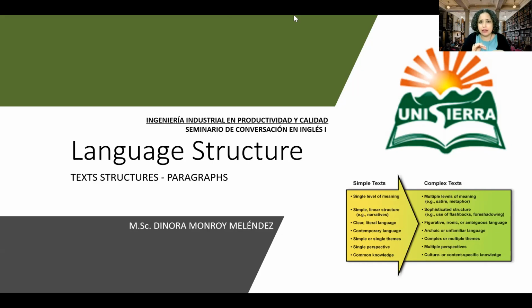Once we understand how to write a paragraph, we're going to talk about active and passive voice. And that's something that I do believe, having this experience as a continuous writer for the scientific community and for my students, should be taught.